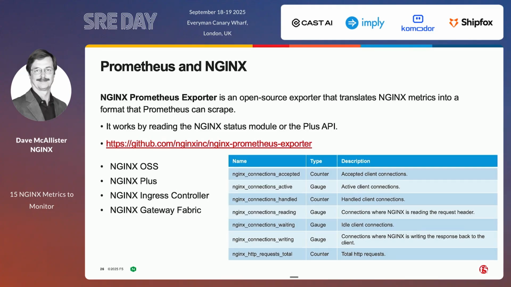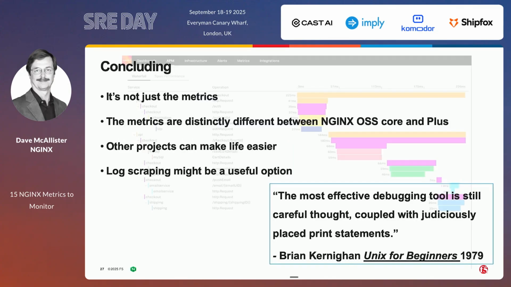For example, connections accepted is a counter, connections active is a gauge, the standard things you expect to see in Prometheus. Both the OTel module and the Prometheus module are open source. You can find them on our GitHub site.